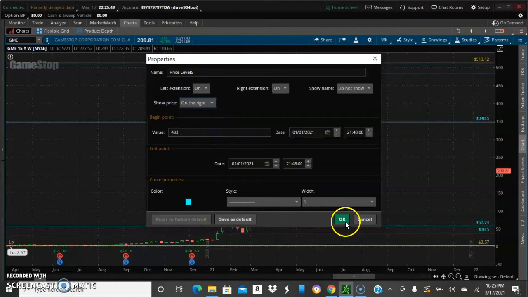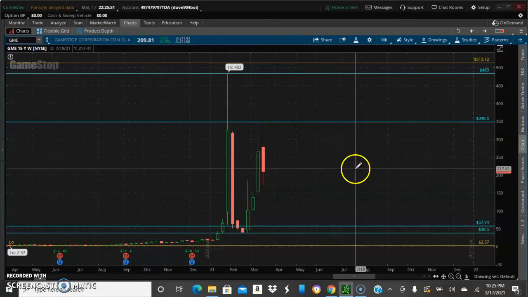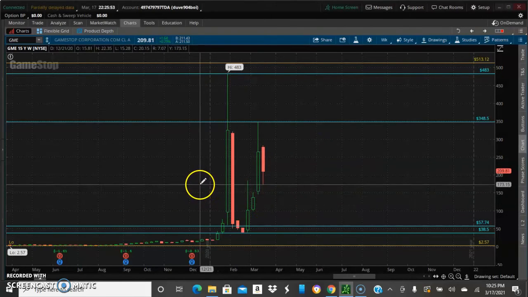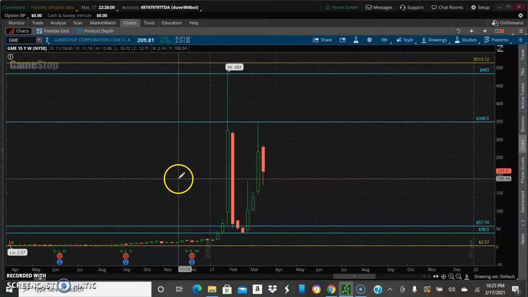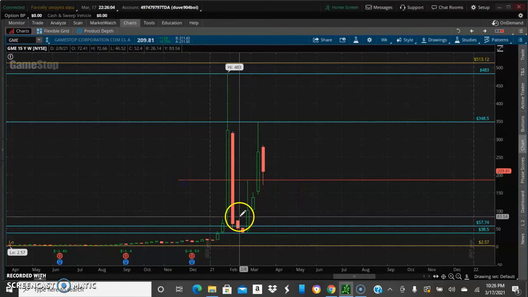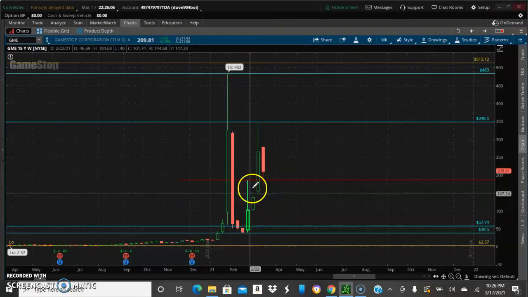You'll see it momentarily. All right, we got some resistance here. That thing hit there and ran. That's where it hit and ran here, where it hit there and ran back down here.